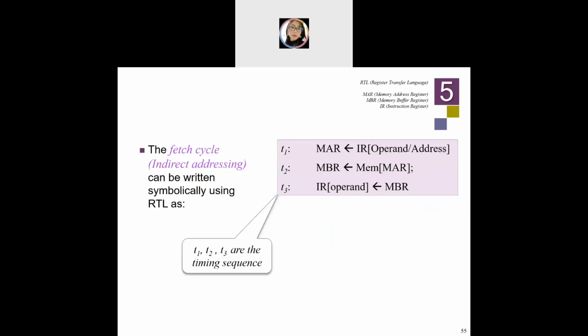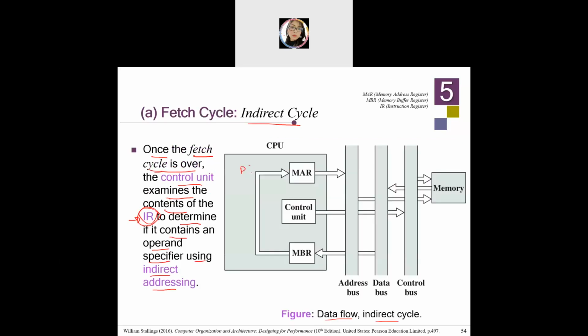Let's take a look. It will have a similar process, one by one, T1, T2, T3. It's going to be sequential. So the fetch cycle for the indirect address can also use RTL, similar to the previous one. In this one, you do not have the program counter or the IR.